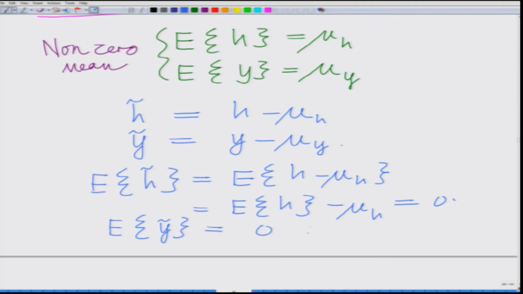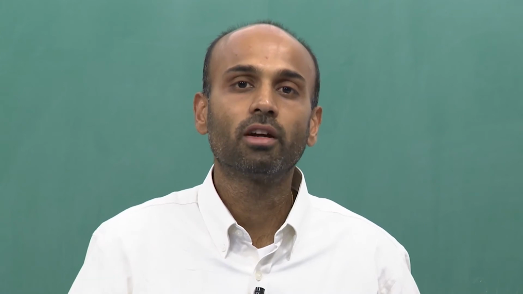So, now given non-zero mean parameter h and observation y, we have converted them to the 0 mean equivalents, the 0 mean equivalent parameter h tilde and the 0 mean equivalent observation y tilde. Now, I know the estimate of h tilde given y tilde. I am going to form that first, and from that derive the estimate of h given y, and that is very simple.